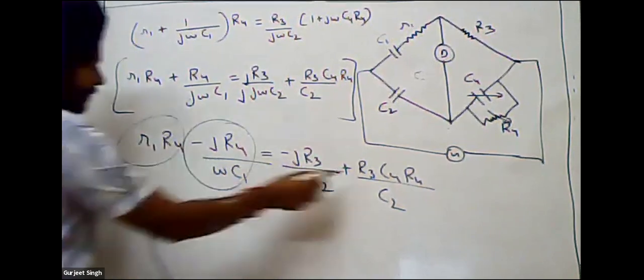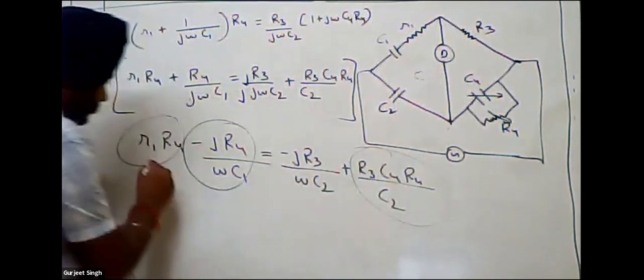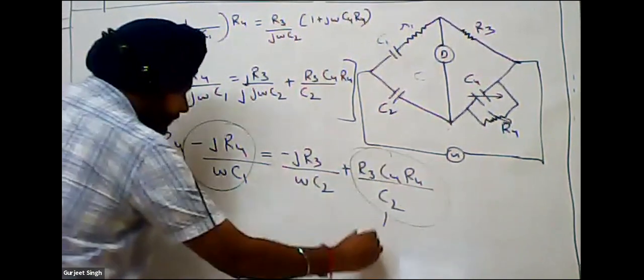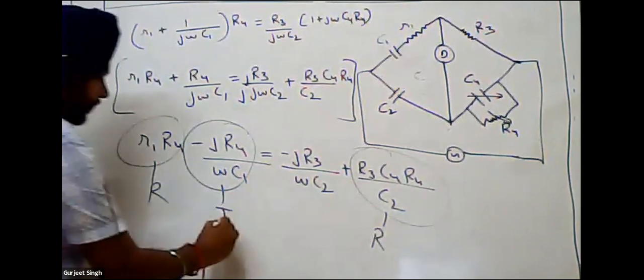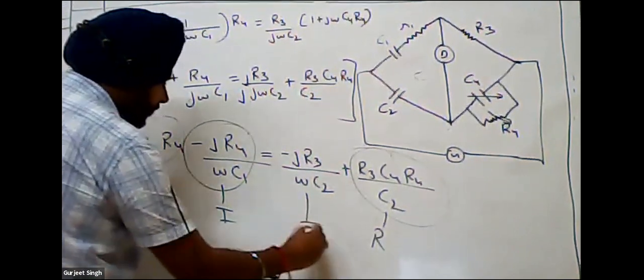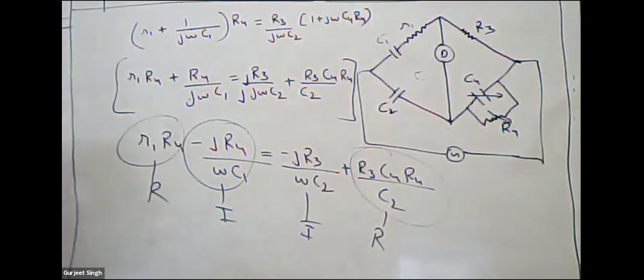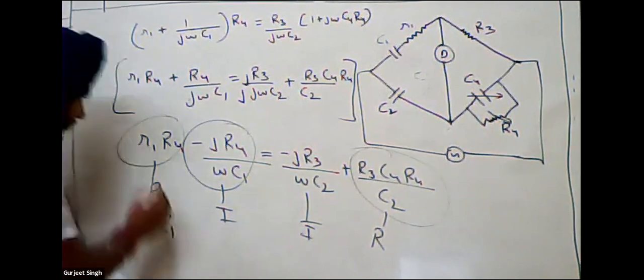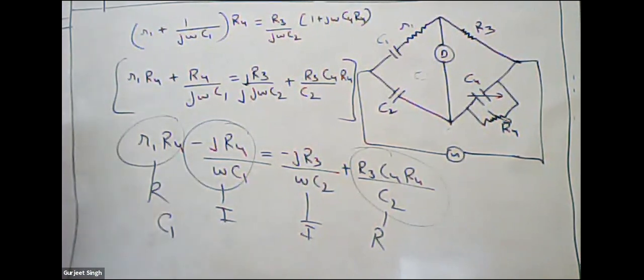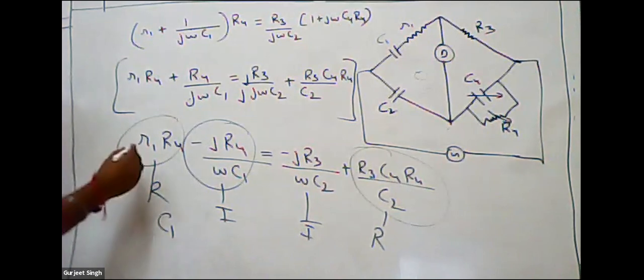Now separating the real part with the real part. This is the real part, this is also the real part. This is the imaginary part, this is also the imaginary part. From the imaginary part we will find the value of C1, and from the real part we will find the value of small r1.